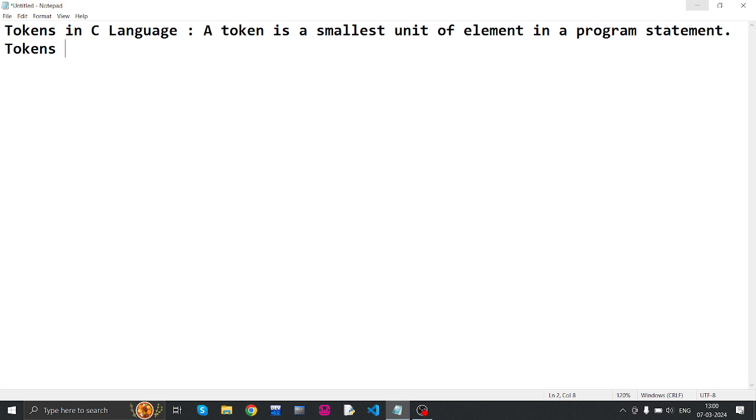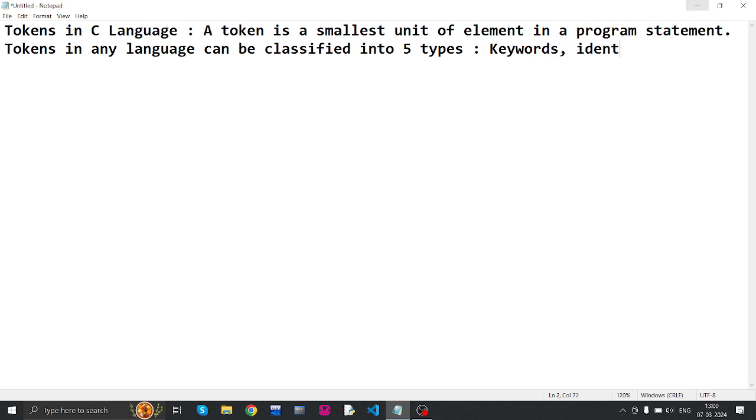Tokens in any language can be classified into 5 types. What are they? They are keywords, identifiers, literals, operators, and special symbols.